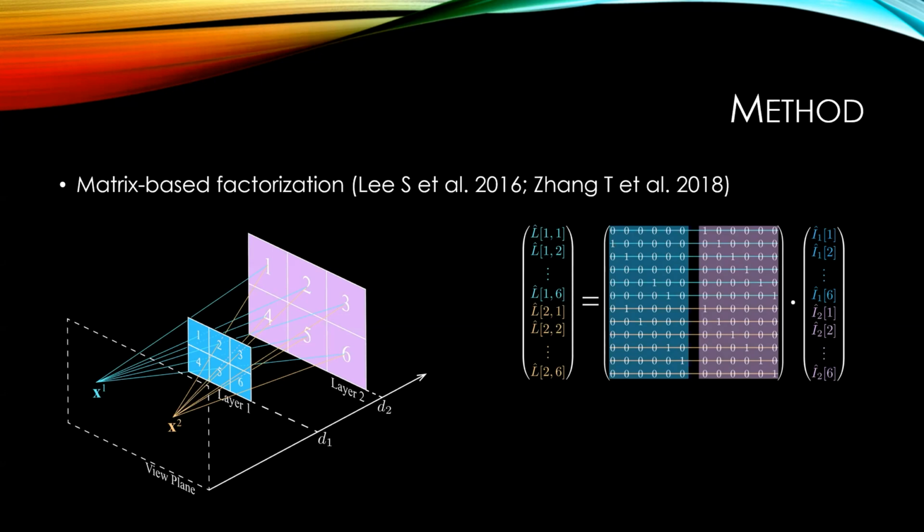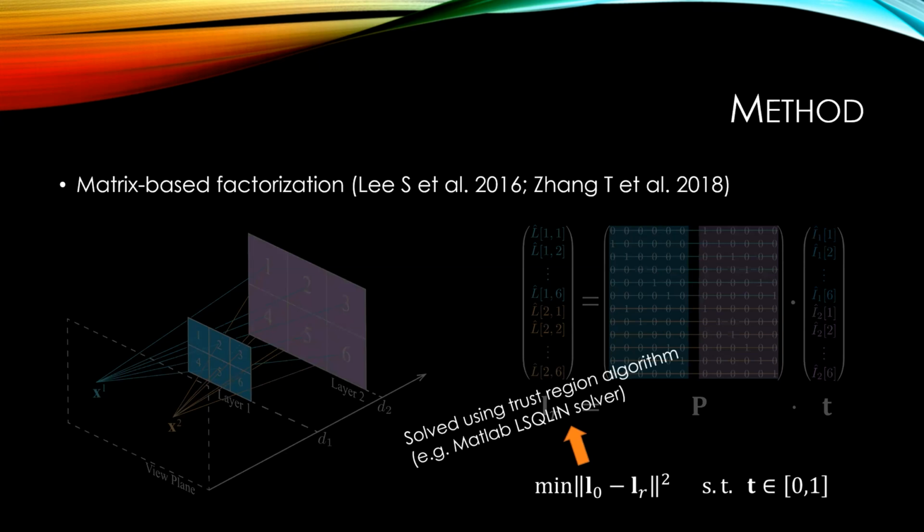Each row in the matrix P corresponds to a light ray of the light field. With this representation, the optimization equation can be turned into a bounded linear least squares equation. It can be solved using the trust region algorithm. However, it's slow. It costs several minutes to solve a frame.